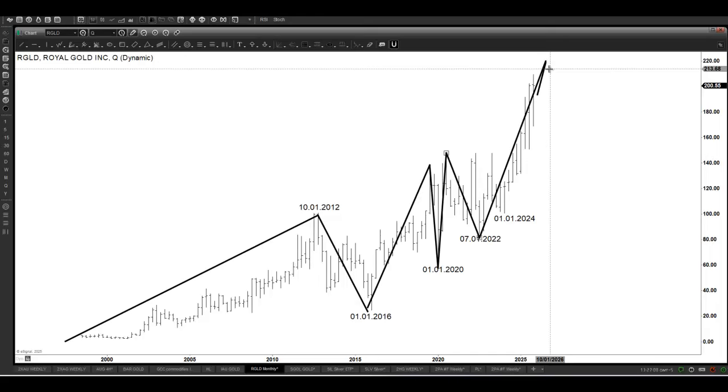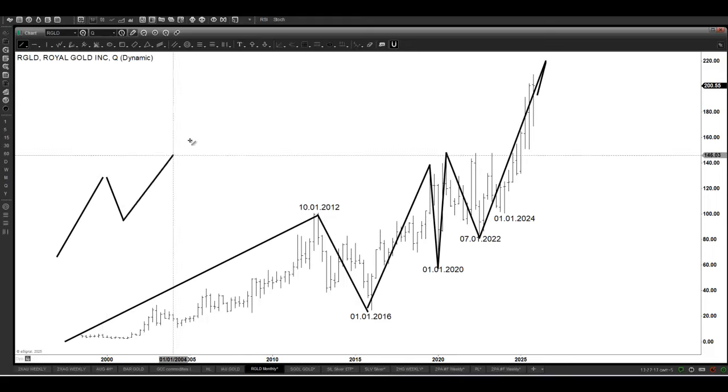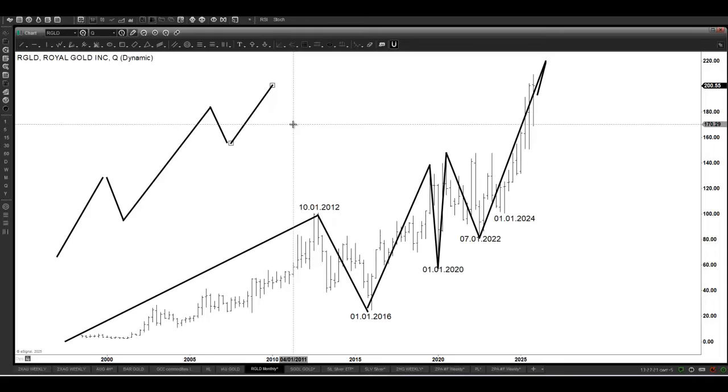One of the rules that I mentioned earlier: in the 5-wave advance, wave 3 can never be the shortest. Right? Everyone? Good morning, Pedro. Everyone, wave 3 can never be the shortest.